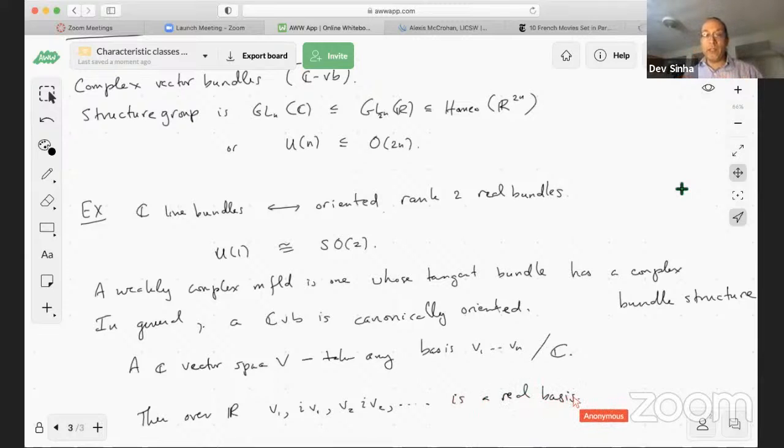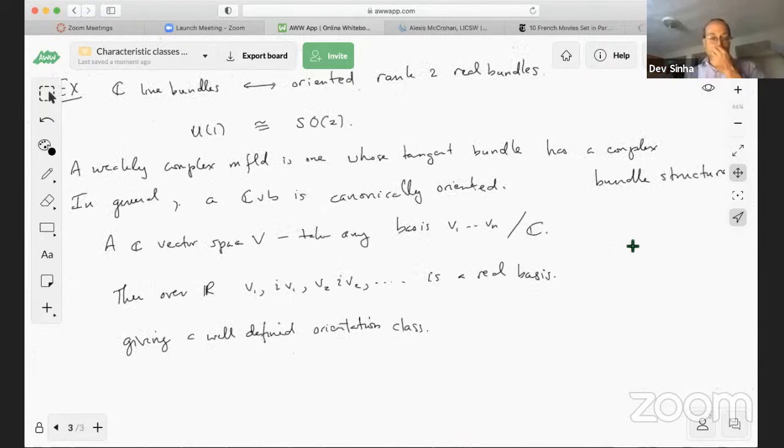And the claim is that all of these real bases sit in the same orientation class, so to speak, the same equivalence class with respect to orientation. And this is a well-defined orientation class. Explicitly, the main thing that gets tricky in orientations is taking a basis, and if you swap two basis vectors, then of course you no longer have an oriented basis.